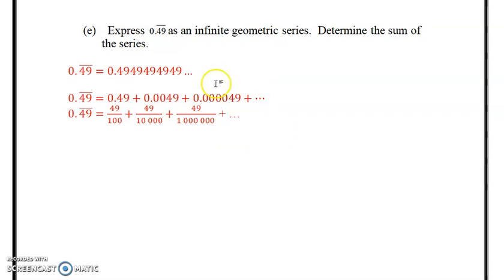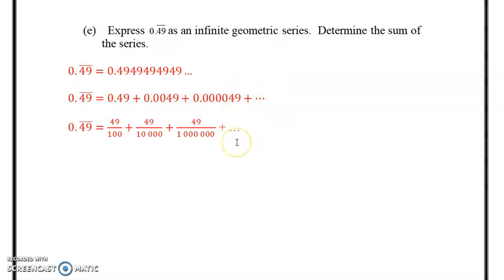I'll spread this out a bit so it's not bunched together. All I did was take the 0.49 repeated. We know it's 49, 49, 49. Then I represented it as a decimal, breaking it up into terms. Then I broke it into fractions. The reason we did this is because that's what it asked us. We just showed how 0.49 as a repeating decimal can be represented as an infinite geometric series.